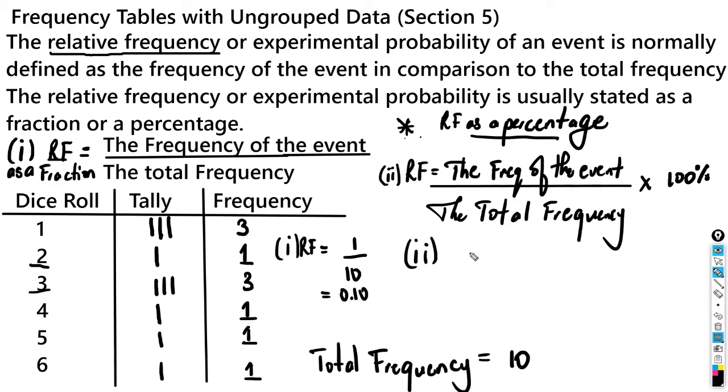And that would actually be the relative frequency would be equal to 3, which is the frequency of the event, over the total frequency, which is 10, multiplied by 100%. And you'd actually end up getting this 0 cancels this 0, and you'd get 30%. So there's a 30% chance of getting the number 3 in this case when we roll the dice 10 times, right? So that's pretty much what this section is about, guys.